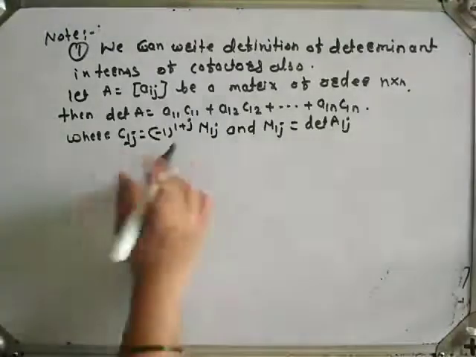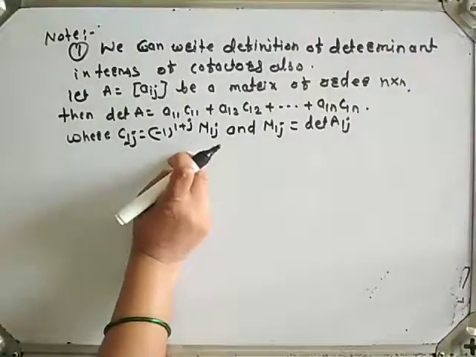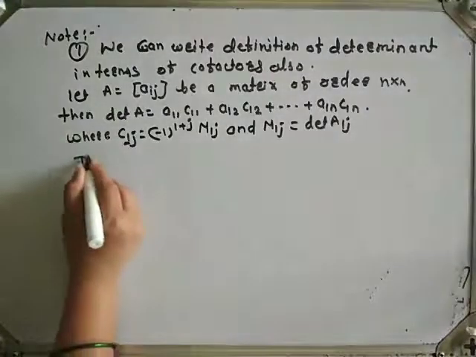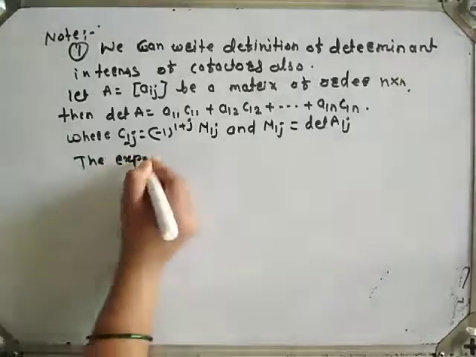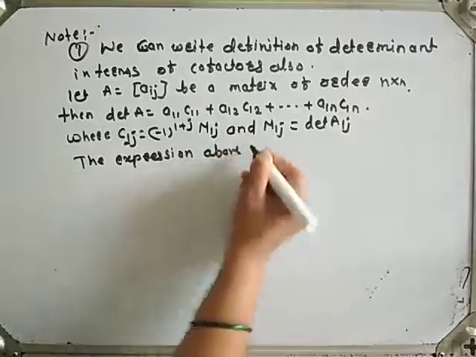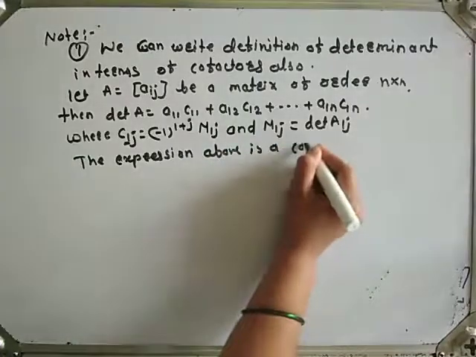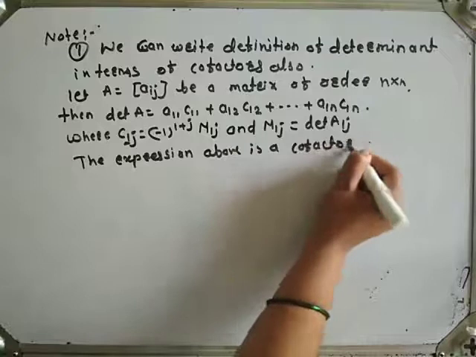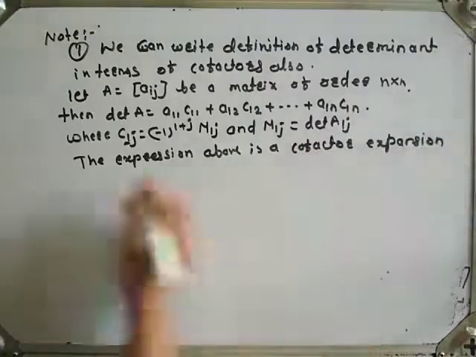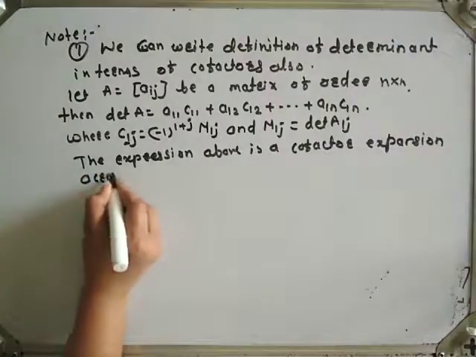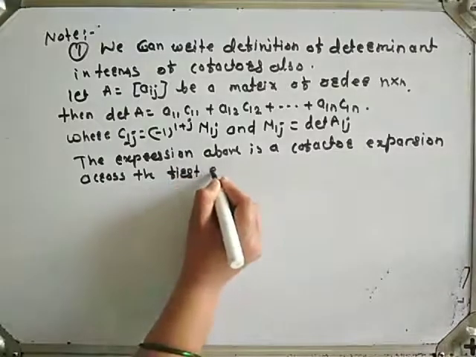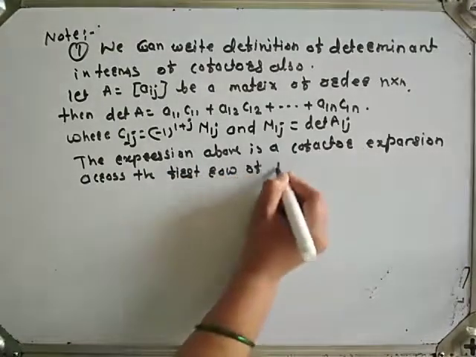This is the expression of cofactor expansion across the first row of A. The expression above is a cofactor expansion across the first row of A.